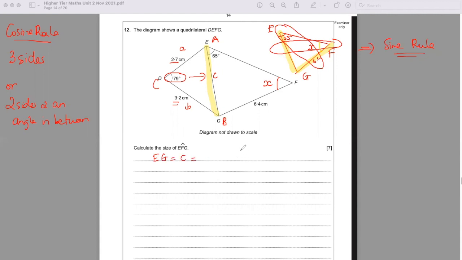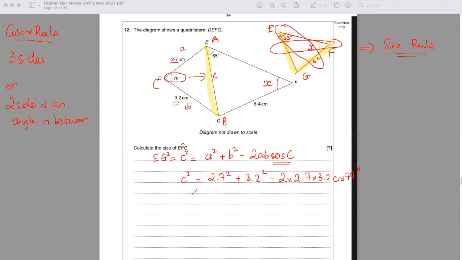Now, your formula says C squared equals A squared plus B squared, take away 2AB times cos of C. So C squared will be equal to your A squared, which is 2.7 squared, plus your B squared, which is 3.2 squared, take away 2 times 2.7 times 3.2 cos of 79 degrees.